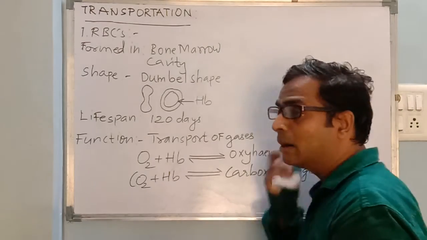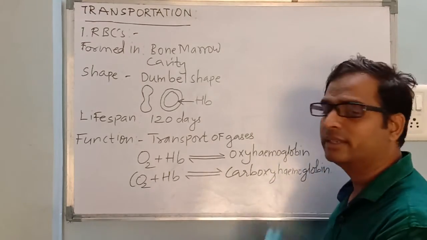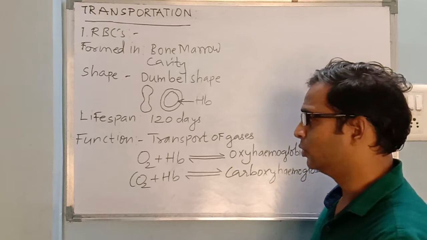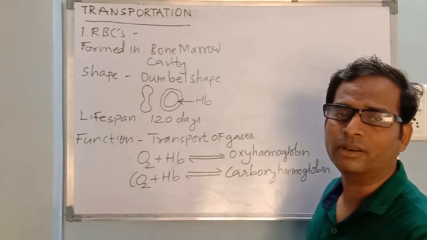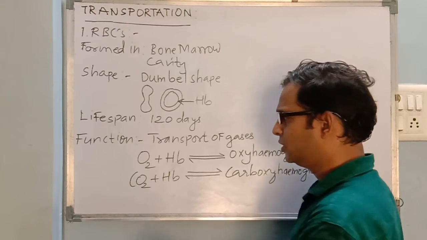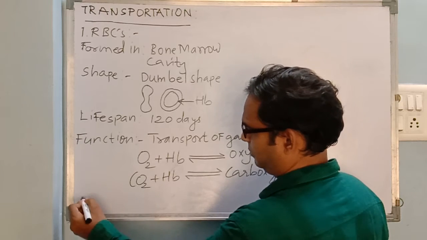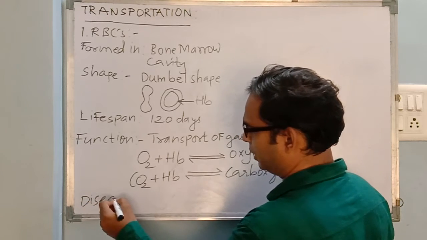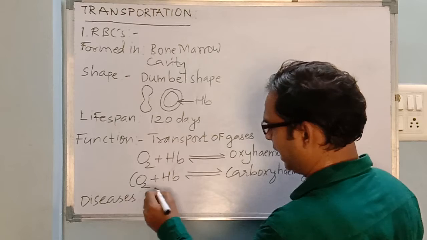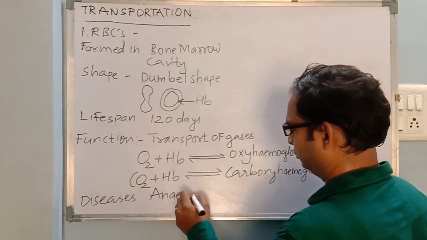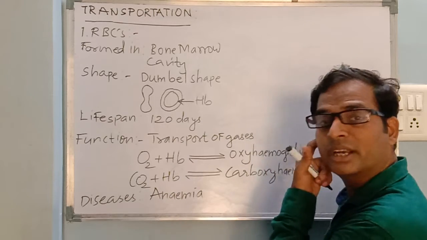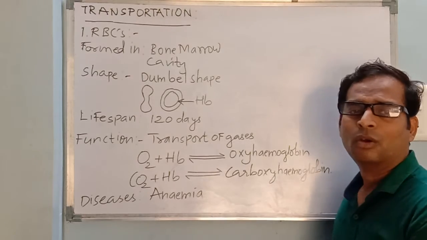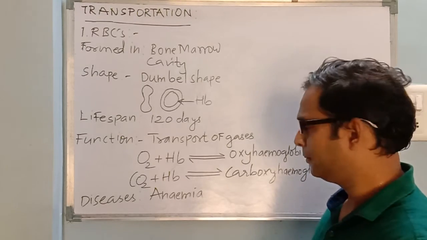Sometimes the number of these RBCs increases or decreases from normal. In that case, it will be an abnormality, a disorder, like you may be knowing, anemia. Anemia is a condition in which the number of RBCs decreases below the normal number.